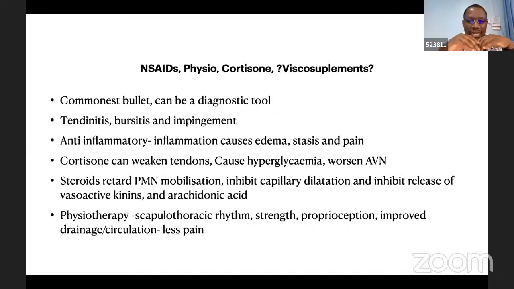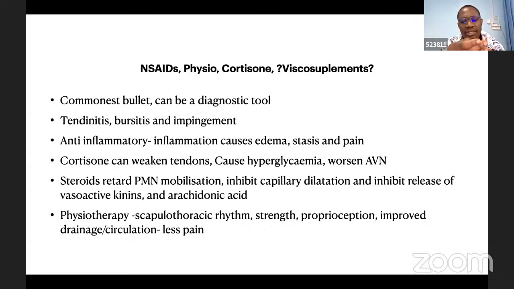So cortisone comes in by trying to prevent ingress or entry of macrophages and polymorphonuclear leukocytes into a tissue that is getting injured or inflamed. So in the early phase, it will prevent mobilization of PMNs. It also inhibits capillary vasodilation that would have been caused by those chemicals from inflammation, and then prevents formation of vasoactive bradykinins or these kinins.